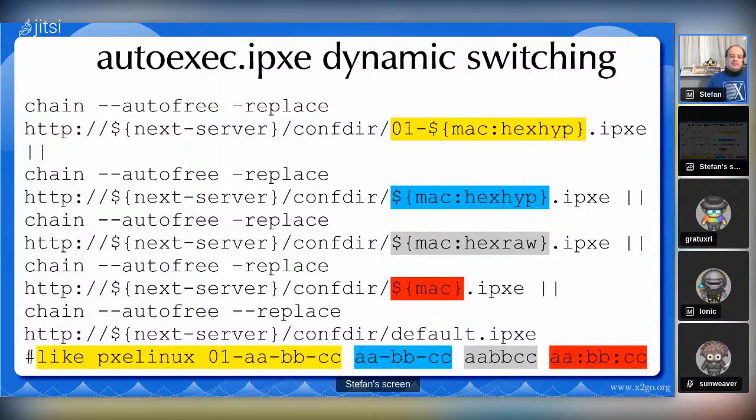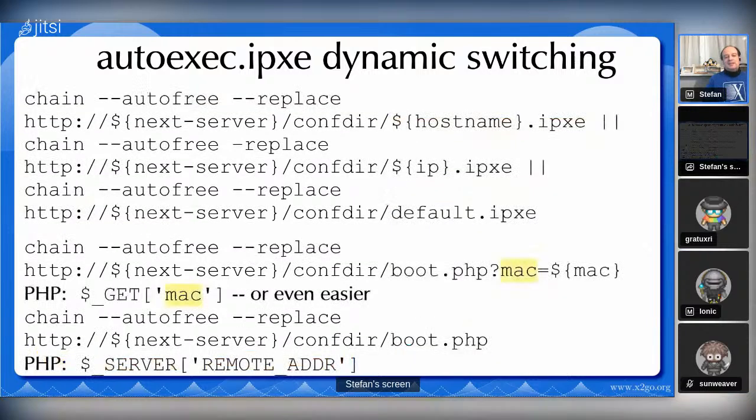And the neat thing is that it's possible to sort of emulate the behavior you know from PXE Linux, where you can offer alternative boot configurations depending on the MAC address. The only thing that doesn't work this way is partial matching. So you can only match a complete MAC address. But iPXE is actually even more flexible.